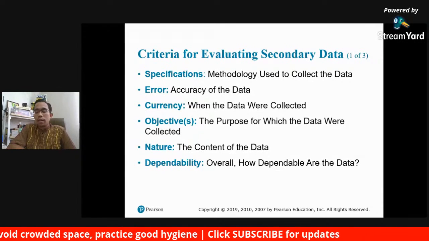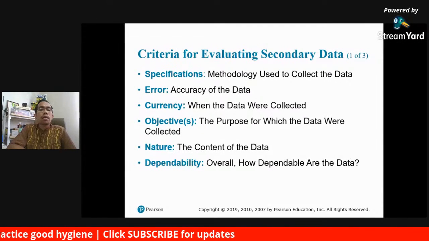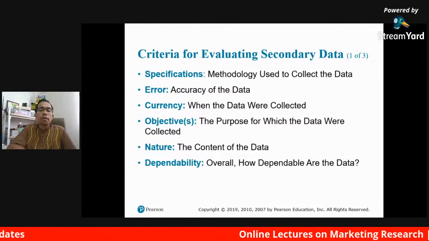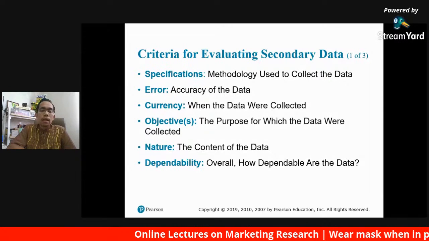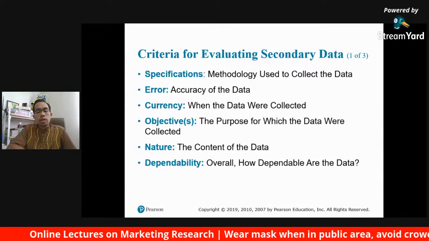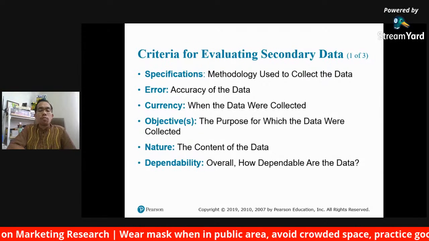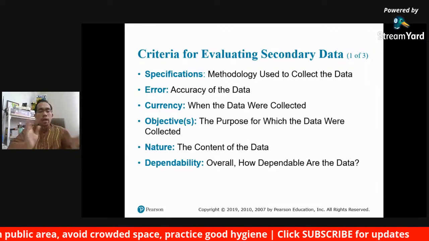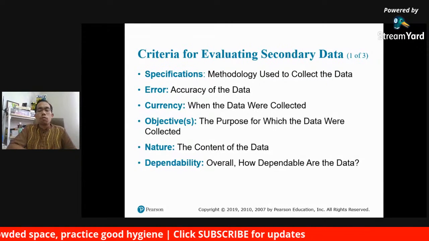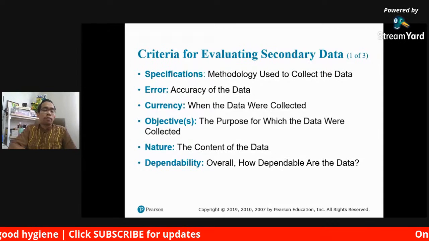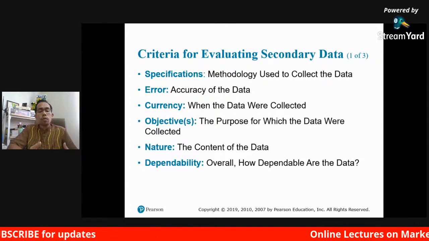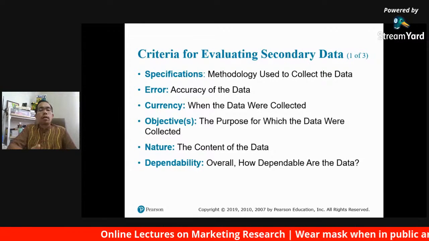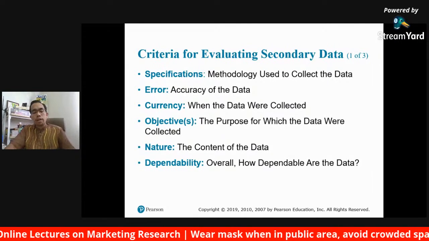This is not currency as money, but currency, which is when the data was collected, the objective, the purpose of the study itself, why they obtained such information from the respective respondents. Then nature, the content of the data. What are the insights of the data, and also how dependable the data is that we obtain from the secondary sources.